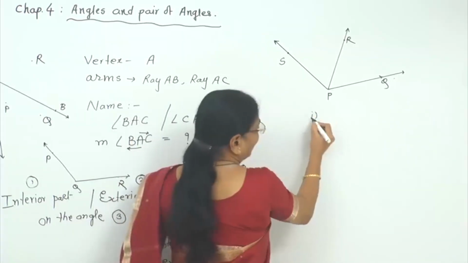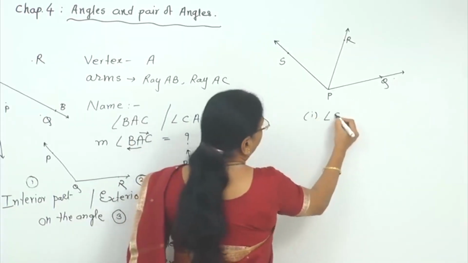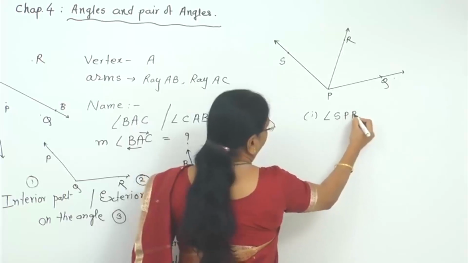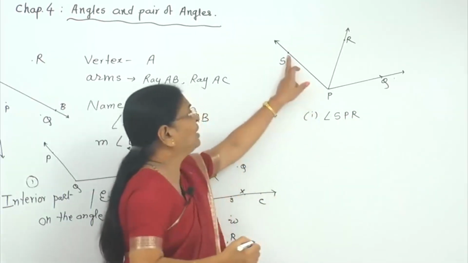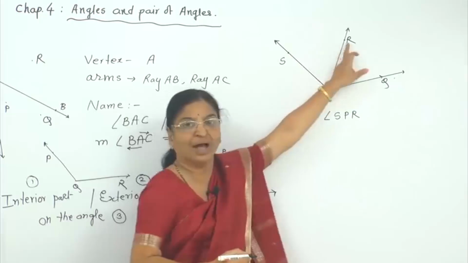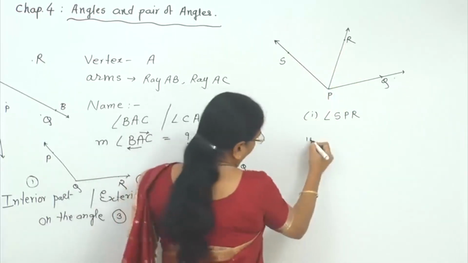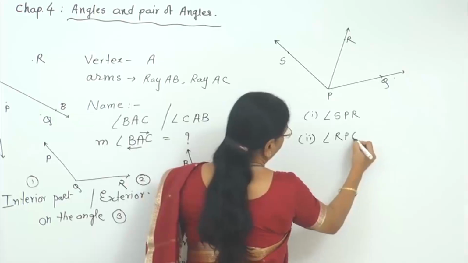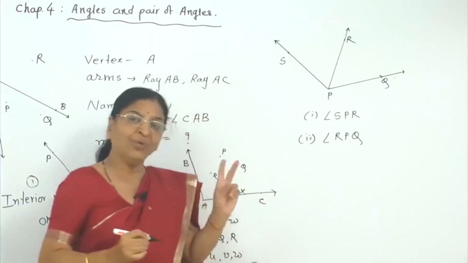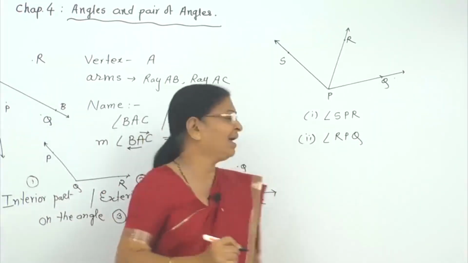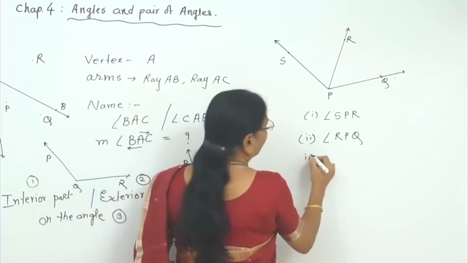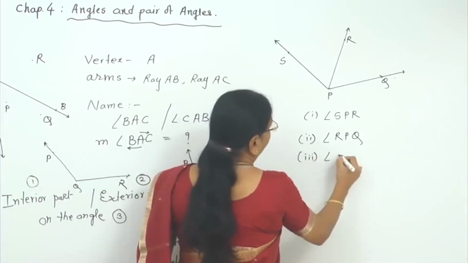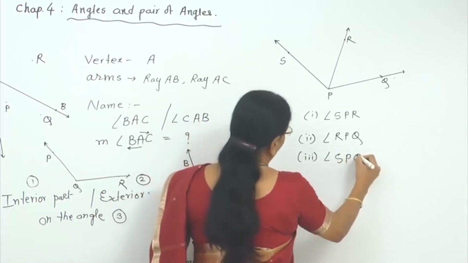Yes, I will write the first name as angle SPR, starting from one arm to the vertex to the other arm. Then the second angle is angle RPQ. But only 2 angles are there? No, the third angle is also there, which can be named as angle SPQ.